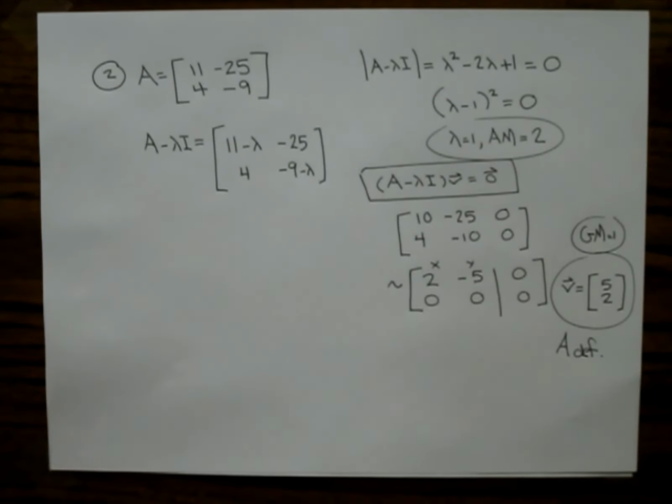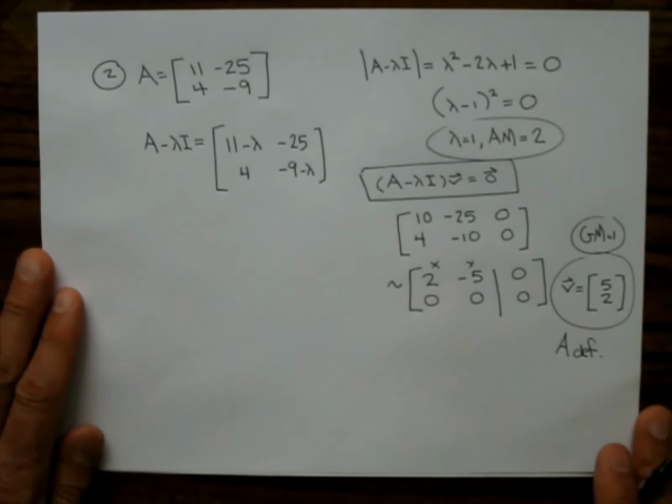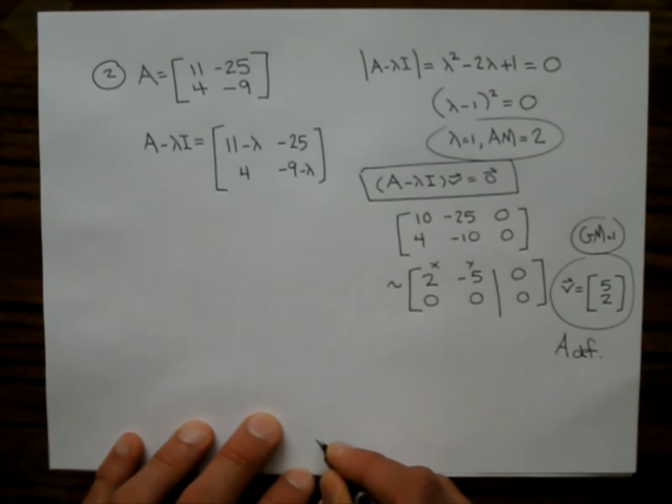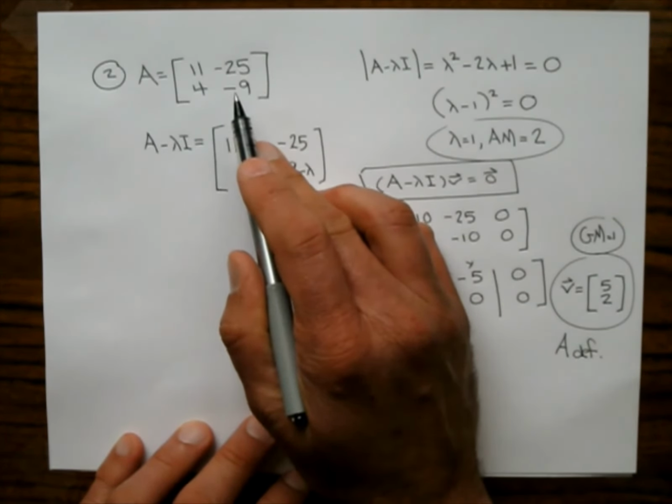So I could almost write up my answer, and that's what I'm going to do. x bar equals, I have a 2 by 2 matrix, so I'm going to have 2 constants.